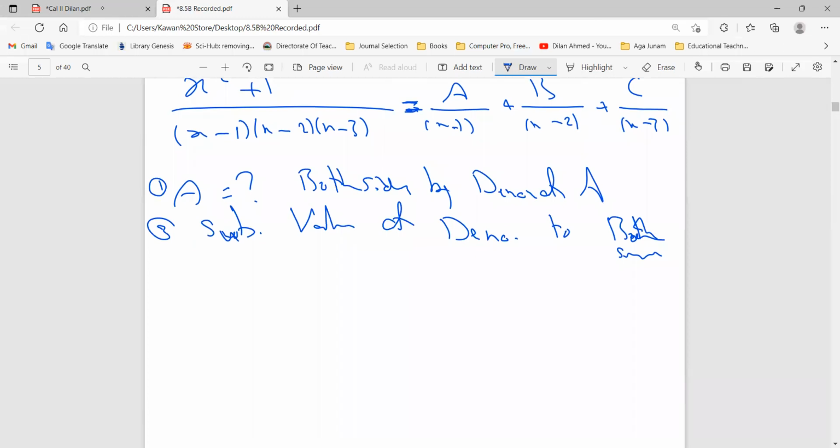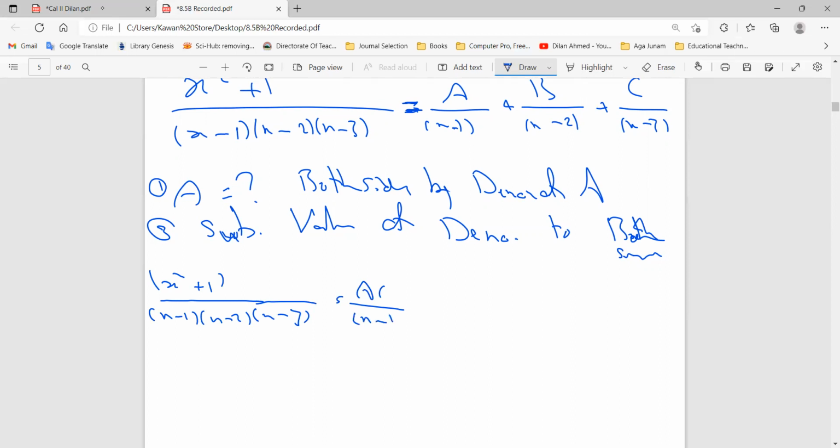So we have x squared plus 1 over x minus 1, x minus 2, x minus 3 equal to A over x minus 1, B over x minus 2, C over x minus 3.